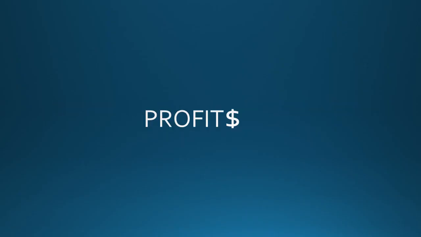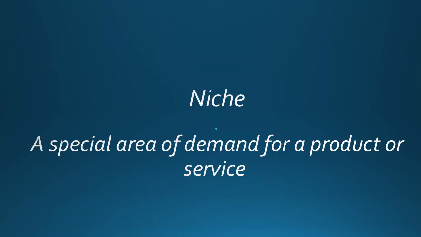regarding that sport. So I'm going to go back, and I want you to memorize this definition of niche, because a niche is a special area. It means that it's defined. It's a defined area, a narrow piece of the whole market.